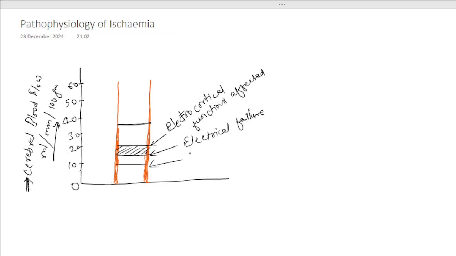It is ionic pump failure. Those who have not attended my class on the ionic pump, please go and attend. And when it comes below 10, almost near 5 or 0, it will cause death.